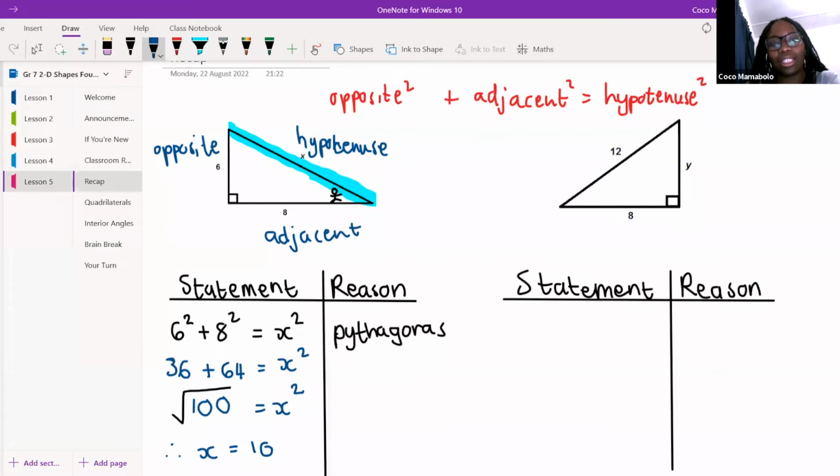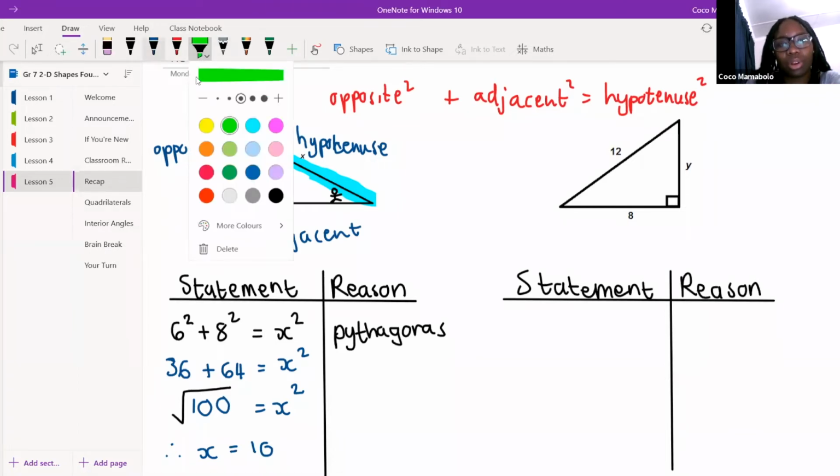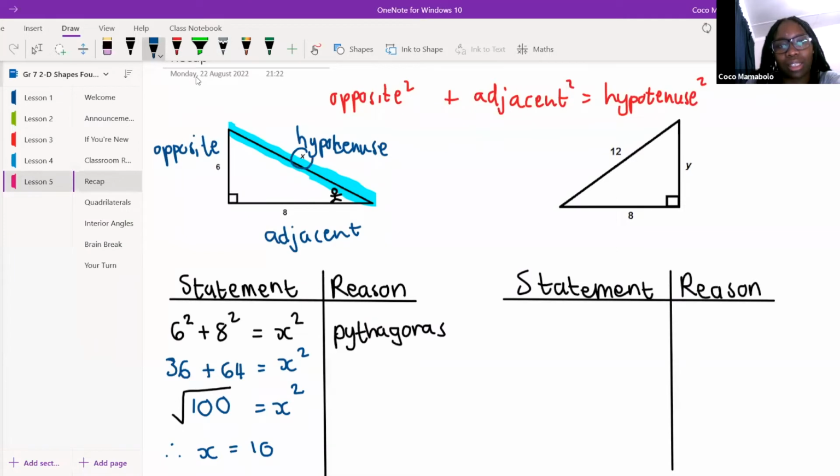Okay, excellent. Now we're going to look at this particular question over here. Has anybody noticed something different about this question? With this one over here, our hypotenuse was x. But what is our hypotenuse this time? How much is my hypotenuse?